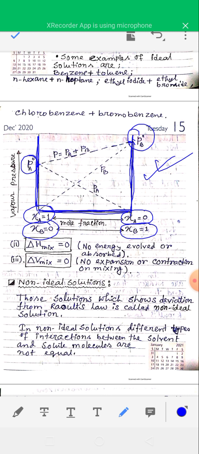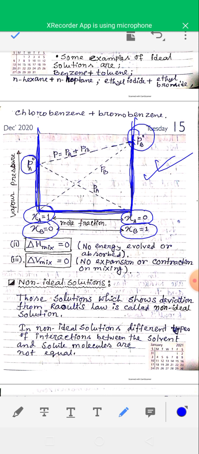Here this is pure liquid A, and in this axis it is pure liquid B, and within these two axes this is for solution, that is, a mixture of liquid A and liquid B. According to Raoult's law, as the mole fraction of any component increases in the solution, its vapor pressure increases.